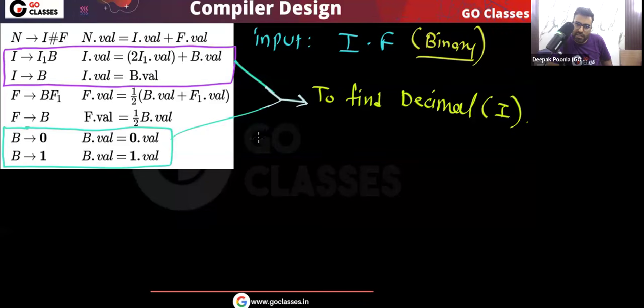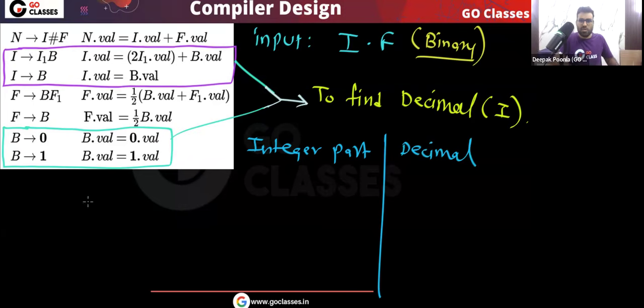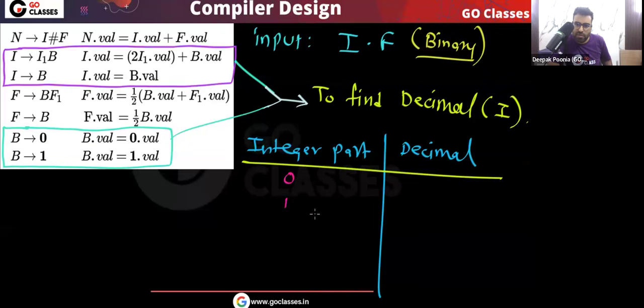On one side I will write the integer part, on another side the equivalent decimal. If the integer part is 0, then the decimal will be 0. If the integer part is 1, the decimal will be 1. Yes or no?